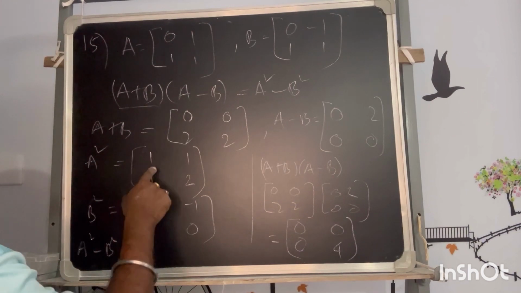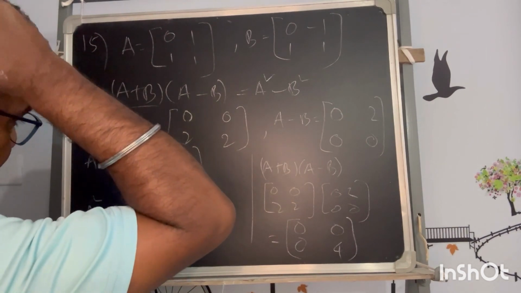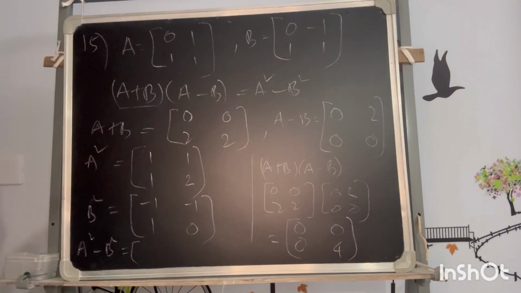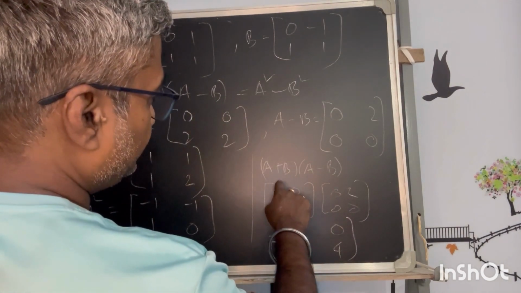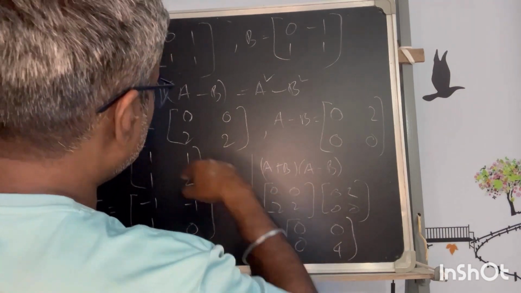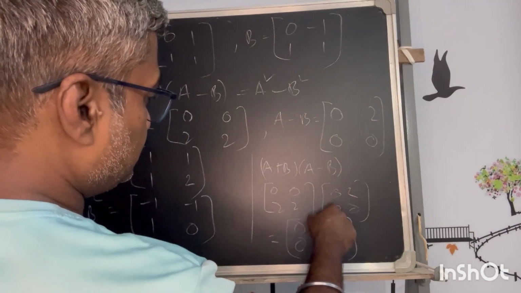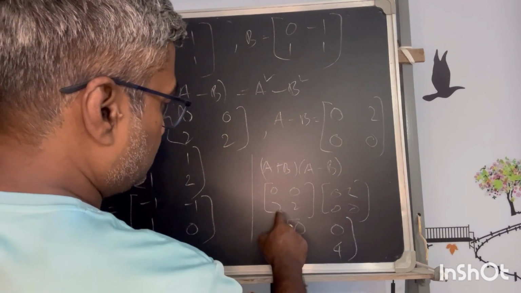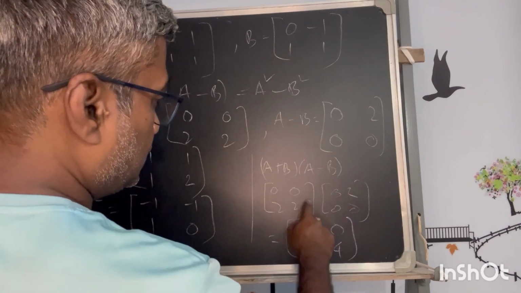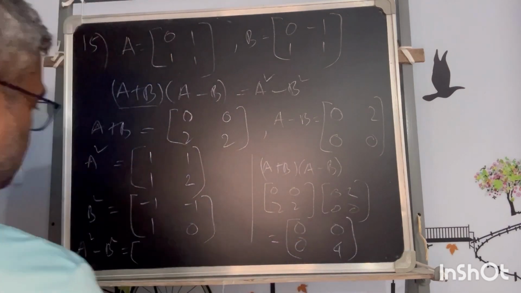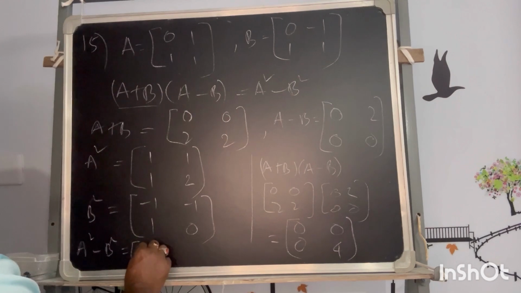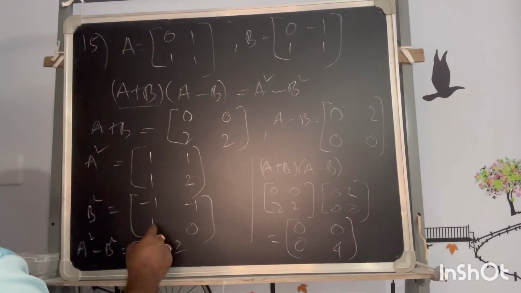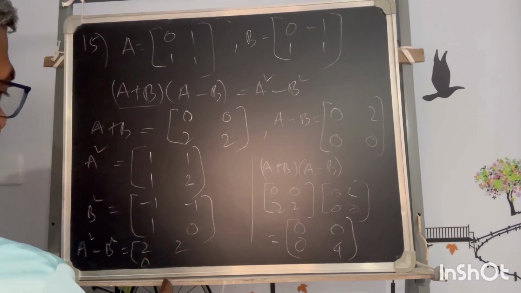So this minus this, this into this, you have to multiply 0 into 0, 0, 0 into 2, 0, 2 into 0, 2 into 2 is 4, 2 into 0. So 1 minus this is 2, 1 minus this is equal to 2 again, this minus this is equal to 0, 2 minus 0, this is 2.